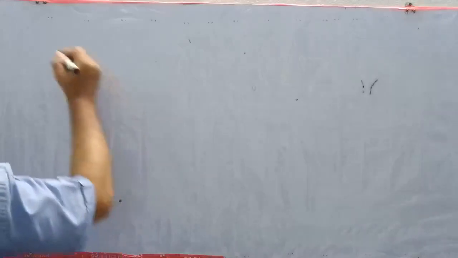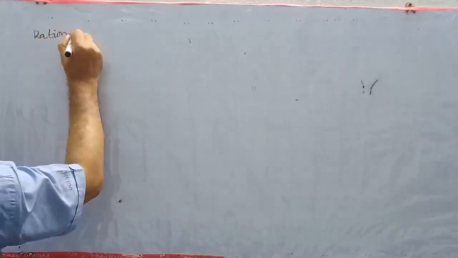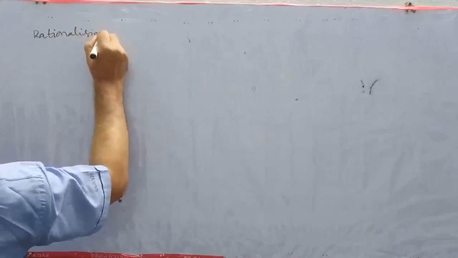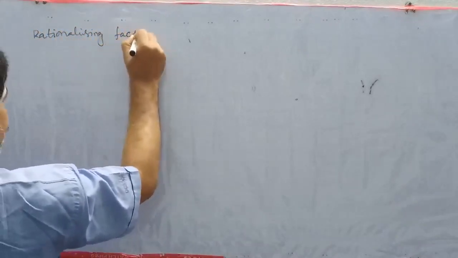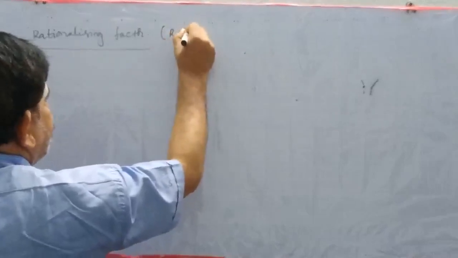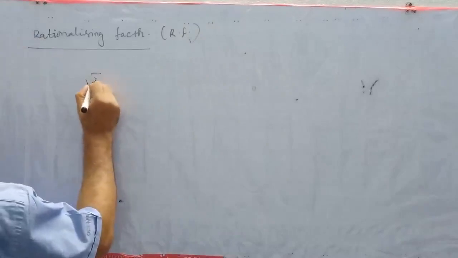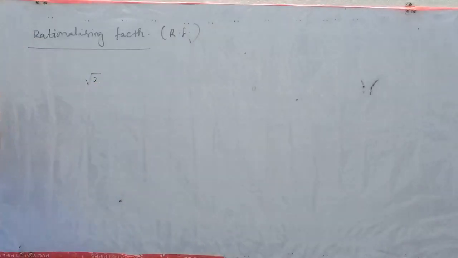Okay, next one, rationalizing factor. Okay, this is simply known as RF. We can call it as RF. See, suppose root 2 is a surd or irrational number.